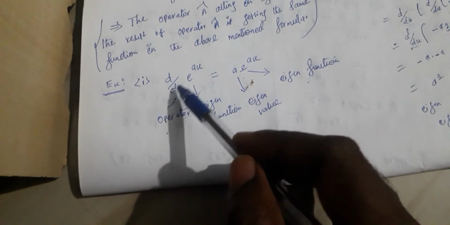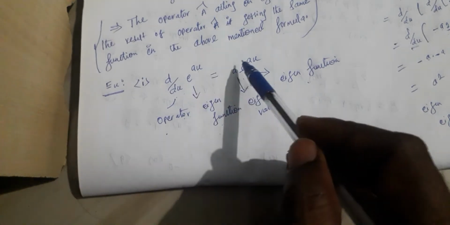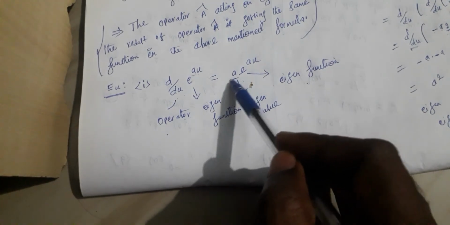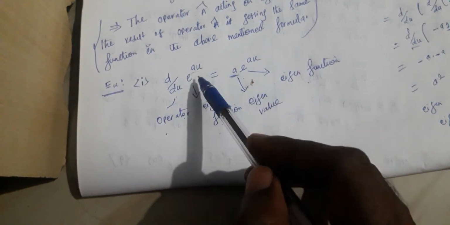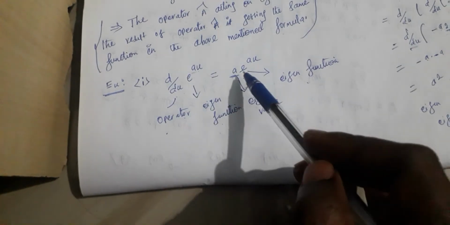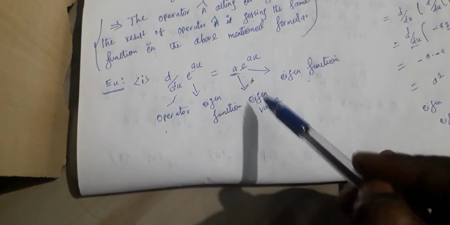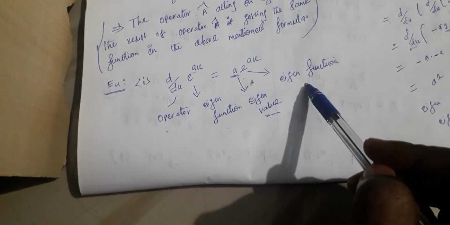Now we are going to differentiate e power ax. If you differentiate e power ax, the term a comes in front, and the remaining whole term e power ax you can write. So the answer is: a is the eigenvalue, and e power ax is the eigenfunction.